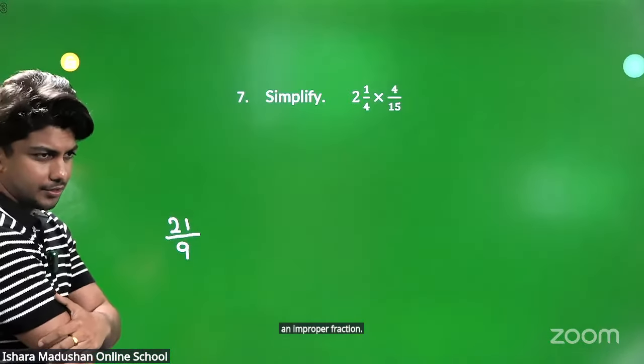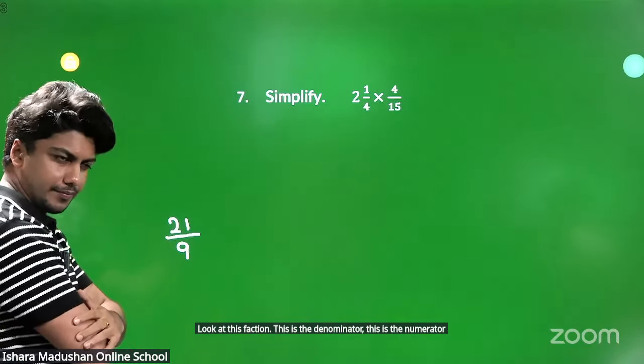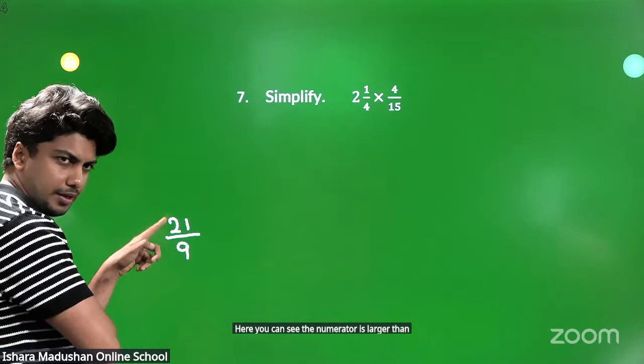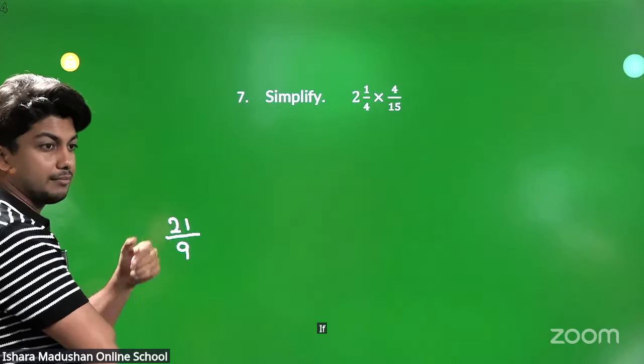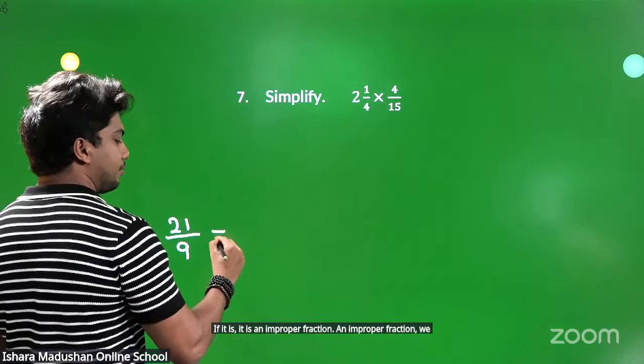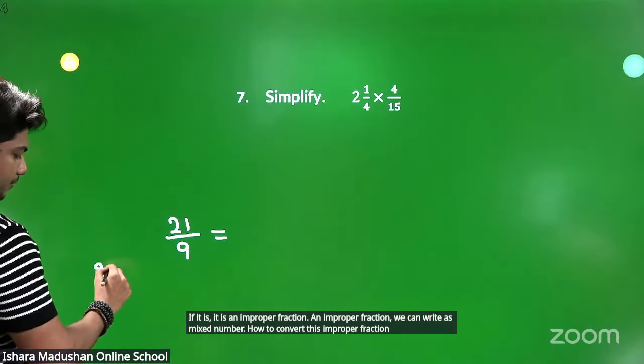Look at this fraction. This is the denominator, this is the numerator. Here you can see the numerator is larger than the denominator, so it is an improper fraction. An improper fraction we can write as a mixed number. How to convert this improper fraction to its mixed number?